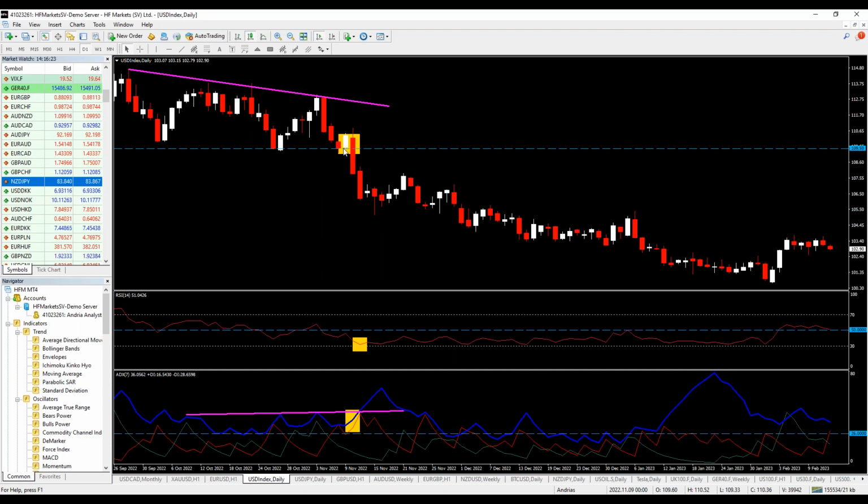So 1, 2, 3 signs that there is increasing pressure to the downside, an increasing bearish pressure indicating that this swing lower might last longer, and this is what indeed happened.